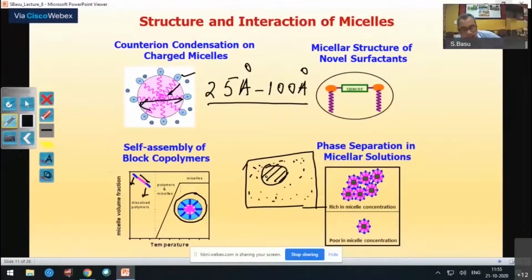So how the shapes change with annealing, all these things you can understand.